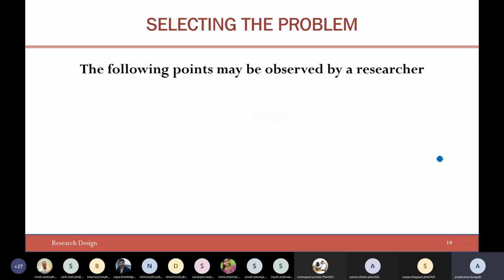Now, selecting the problem. The following points may be observed by the researcher. The subject which is overdone should not be normally chosen. Let me tell you my own case.